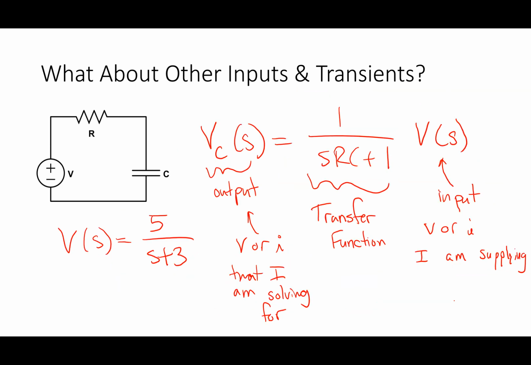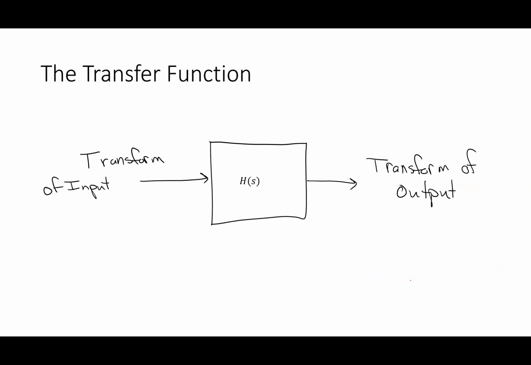We said we can write it like this: I have the Laplace transform of an output, which is something that I'm solving for, equal to something times the Laplace transform of the input, which is the current or voltage that I am supplying to the circuit. What we did is we termed this guy here the quote-unquote transfer function. And we usually refer to that as a function of S, often calling it H of S.